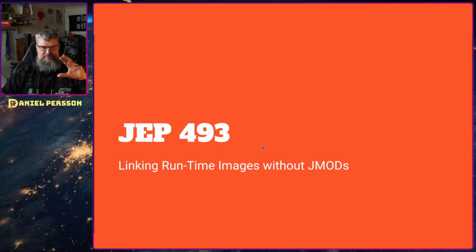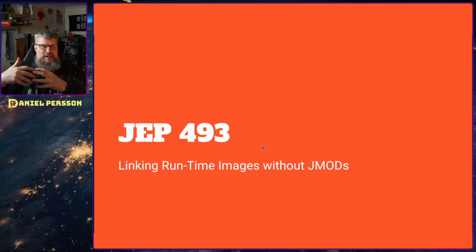Next up, we have JEP 493, which is linking runtime images without JMods. This is for the workloads in the cloud, when you want the JDK to be as small as possible. And the image that you create of the JDK is of a certain type, and it contains both the actual running core of the JDK and then also a bunch of JMods, which is application-specific things that you are using, base libraries and so on.